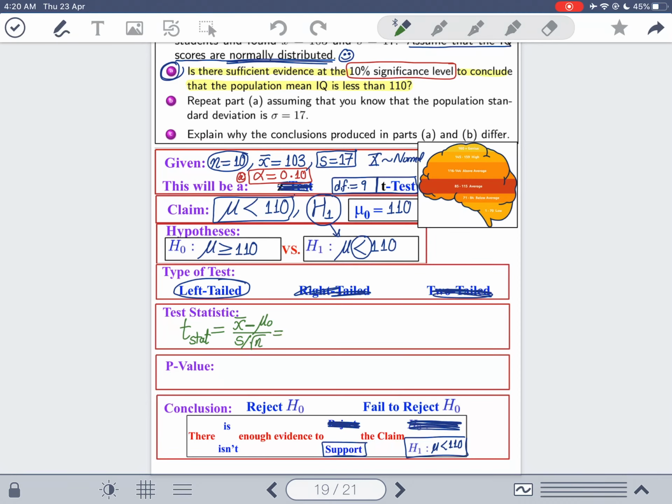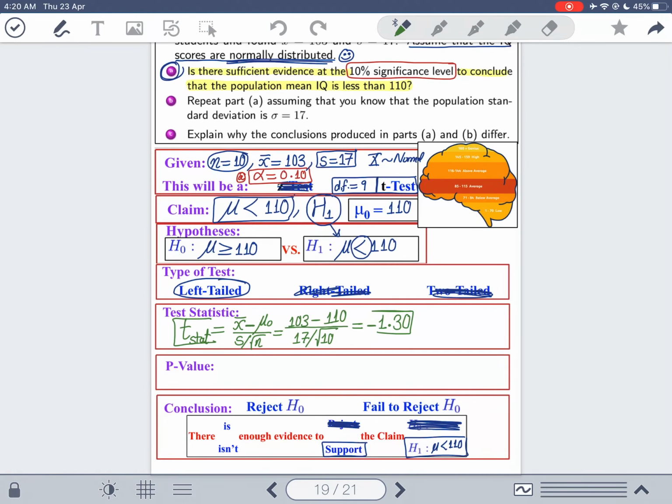And so x bar is 103 minus mu 0 is 110 divided by s is 17 over radical n is 10. And if you compute it, I will tell you, you will get negative 1.30. So this here is our t-stat.